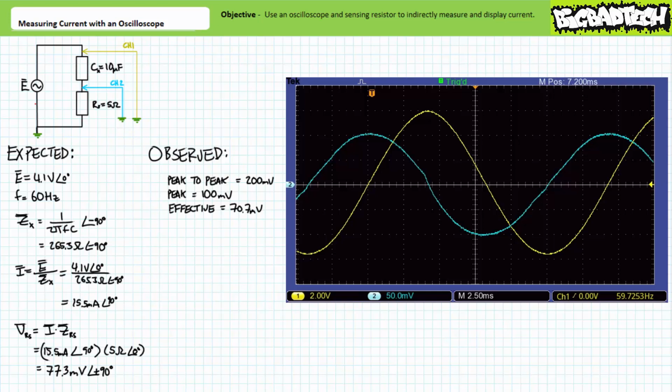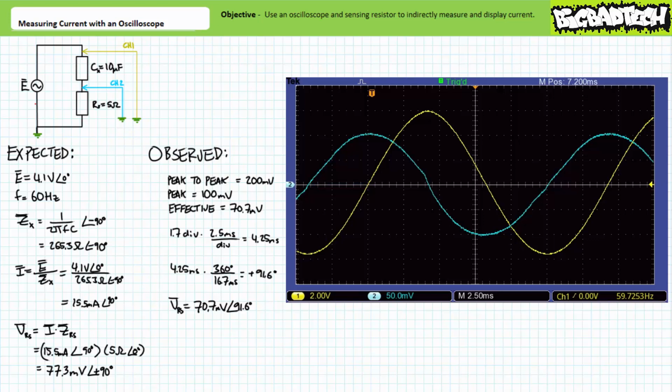More to the point, the voltage on channel 2, our indirect representation of current, is clearly leading the voltage on channel 1. By how much? Given channel 2 appears to be leading channel 1 by, let's say, 1.7 divisions, and our horizontal sensitivity is set to 2.5 milliseconds per division, this corresponds to a forward shift of roughly 4.25 milliseconds.